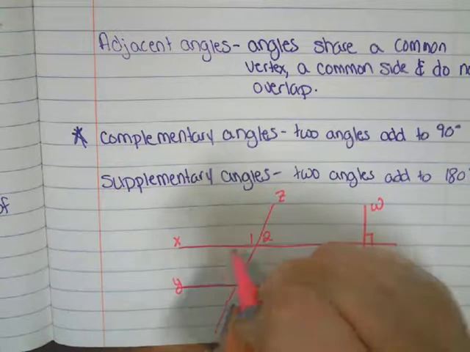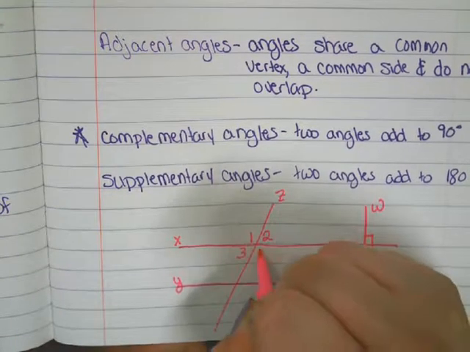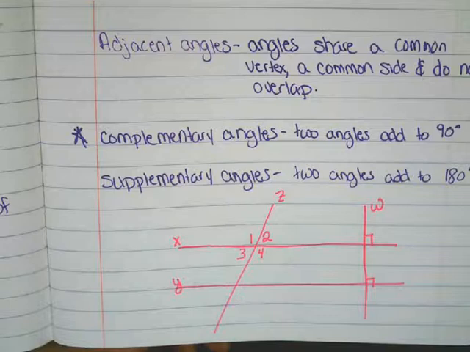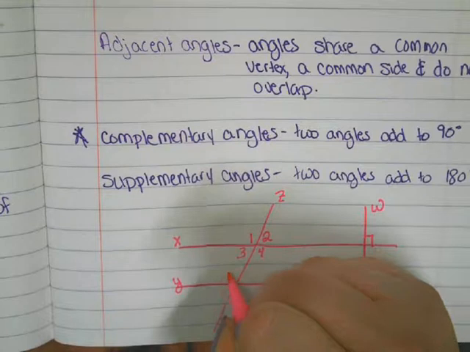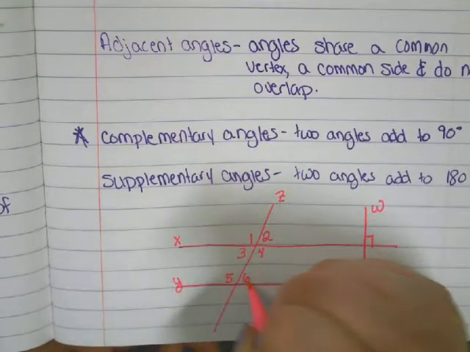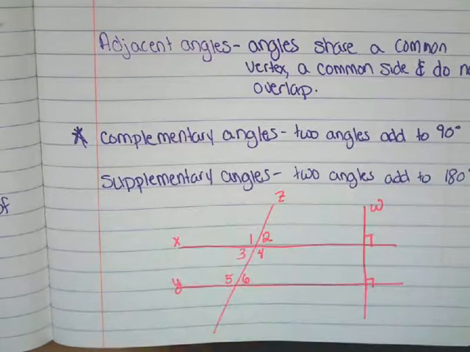I could have done letters, A, B, C, D. However you want to label them on your project will be fine. Below 3 is going to be 5. Then next to it will be 6. Below 5 will be 7. Below 6 will be 8. Okay, so we're just going to look at those first.